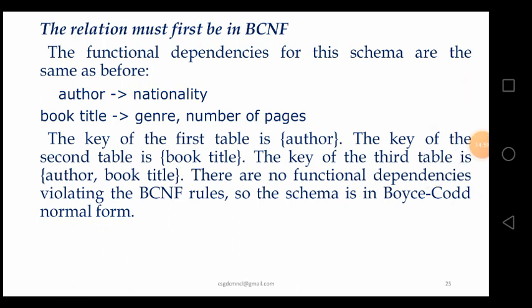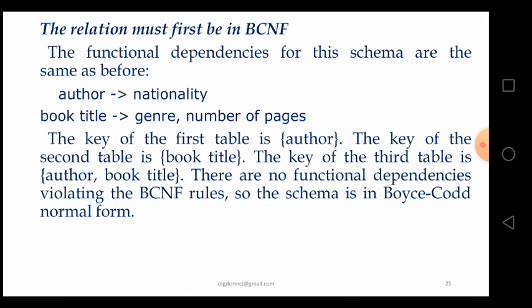The functional dependencies for this schema are the same as before: author, nationality, book title, genre, number of pages. The key of the first table is author. The key of the second table is book title.